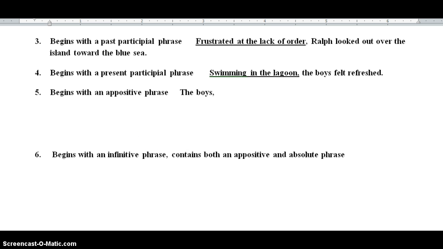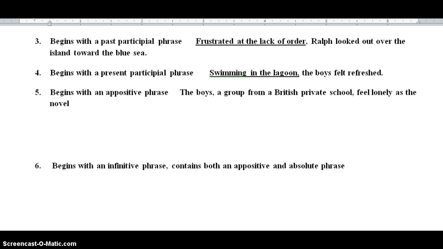The boys, a group from a British private school, feel lonely as the novel continues towards its resolution.